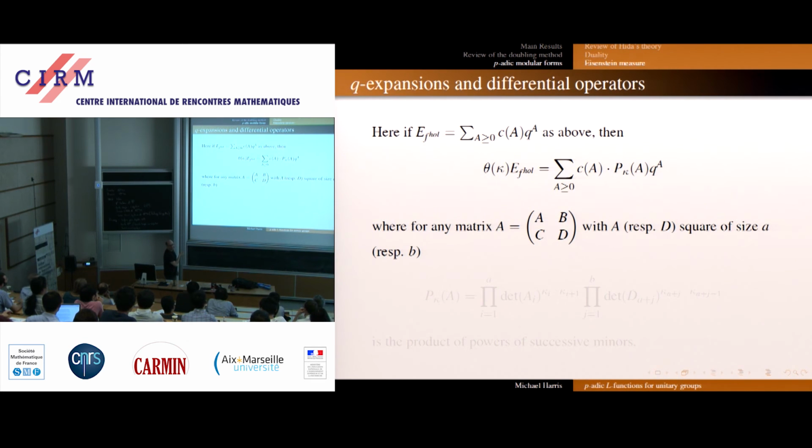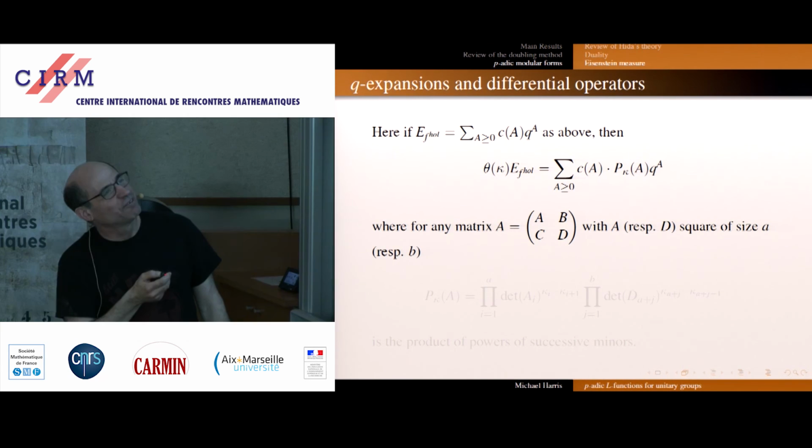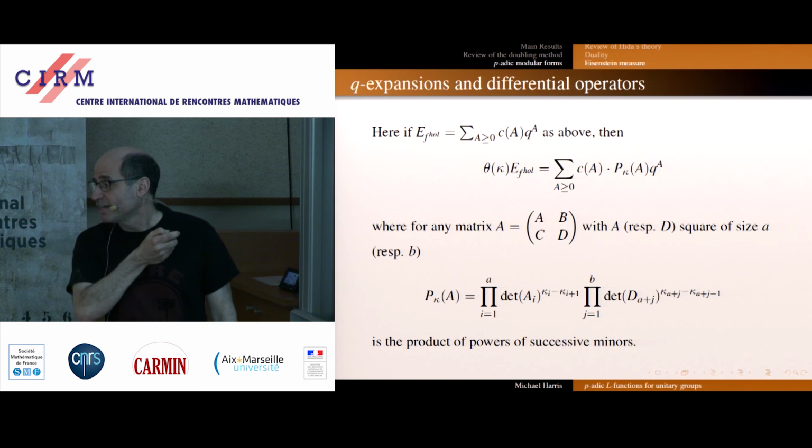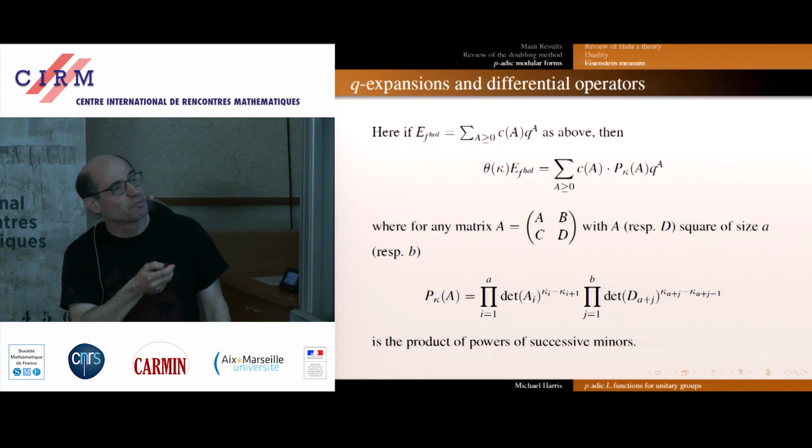So there's this A. This A looks slightly different from this A, although from where you're sitting, it's not clear. So you have a square matrix with blocks of size A or B. Then P kappa of this matrix is a product of successive minors of the A part, and then successive minors of the D part.